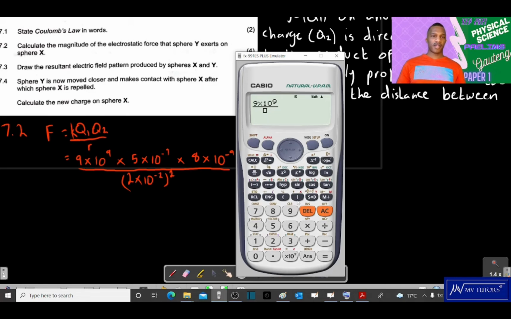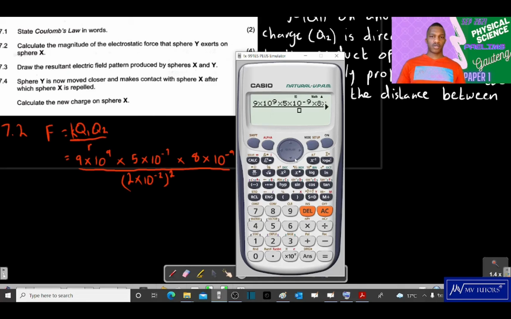Then come downstairs, and we're going to say times 5 times 10 to the power minus 9. We come down again, and then we say times 8 times 10 to the power minus 9.